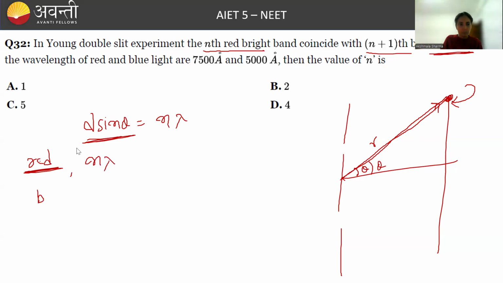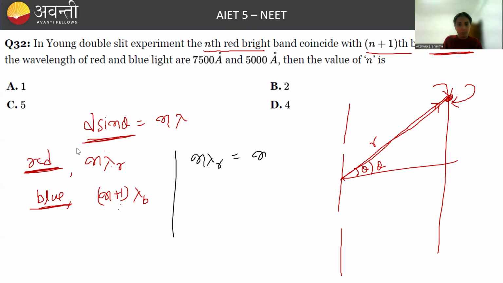And for blue light, this path difference will be n plus 1 times lambda of blue light. And these two should be equal because they are getting formed at the same point. So these two path differences are same, right? They are getting overlapped. So here you will write n lambda r is equal to n plus 1 lambda b.